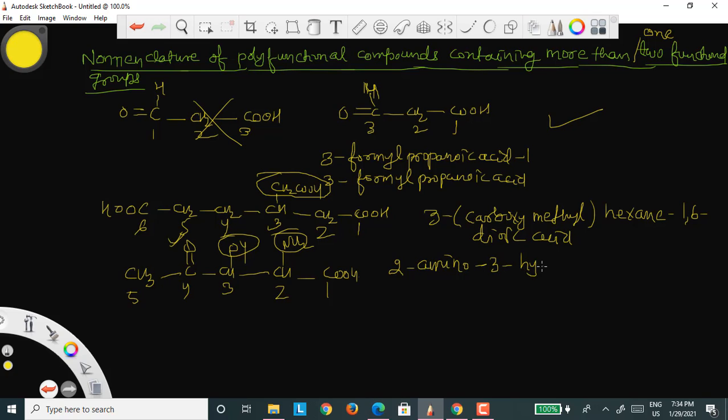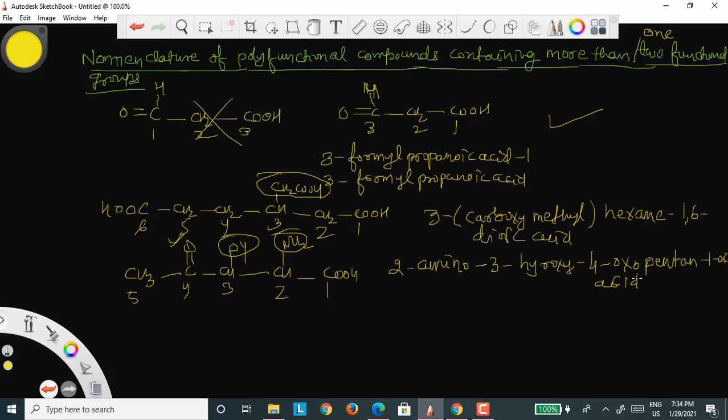Then hydroxy, then 4-oxo, because this is oxo. 4-oxo continuous, there is no hyphen. Pentane, actually pentanoic acid. 1-oic acid. This is the name of this compound.